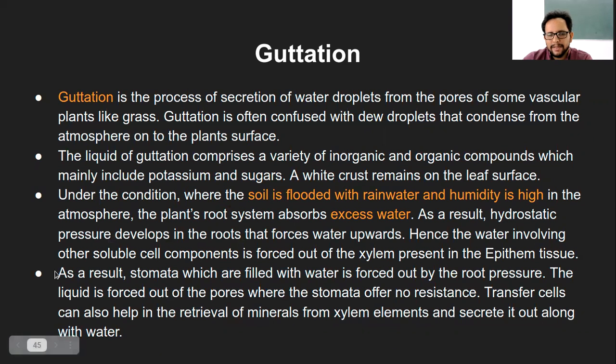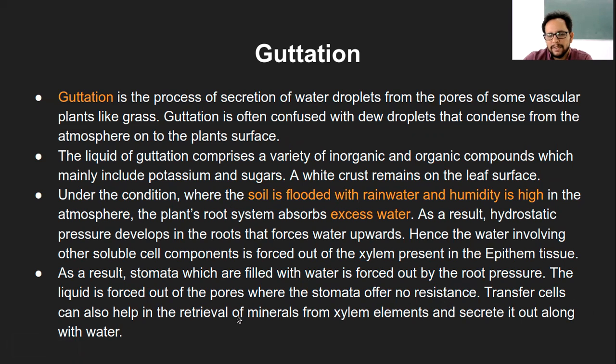Now, as a result, the water in the stomata is forced out by the root pressure, right? Some amount can still go out through the stomata, but more water or liquid is forced out of the pores where the stomata offer no resistance. If the stomata are not offering resistance, then the water can go out through the stomata. Otherwise, it will keep on going through the guttation process.